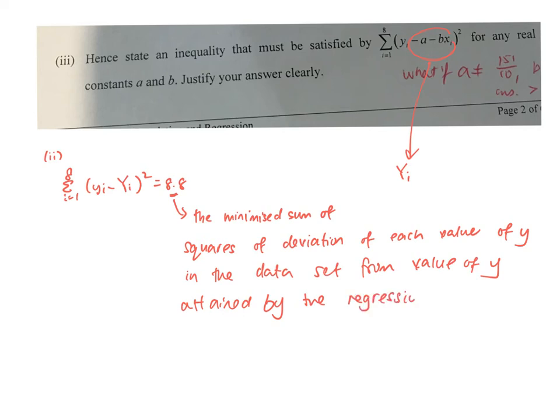This is already the minimized sum, because remember the line of best fit serves to do this, right? We already found that.